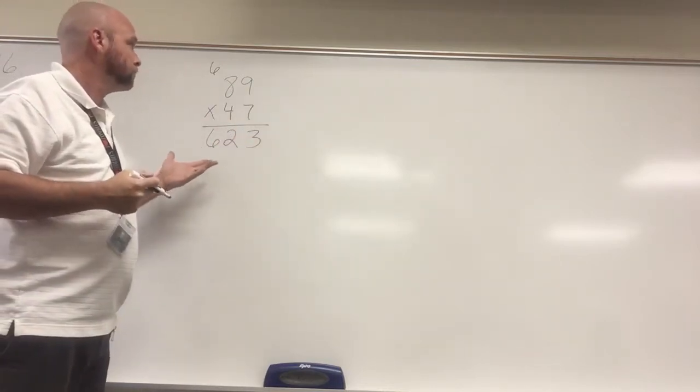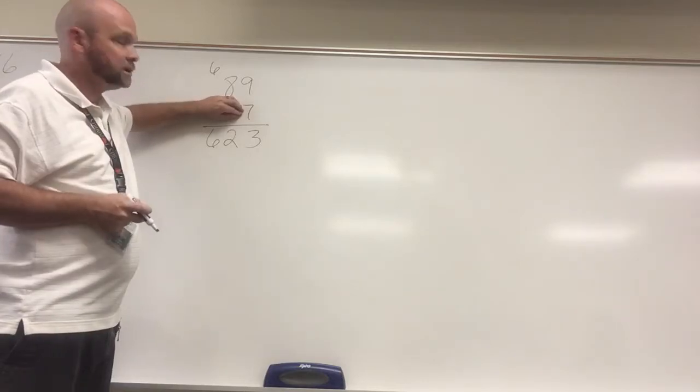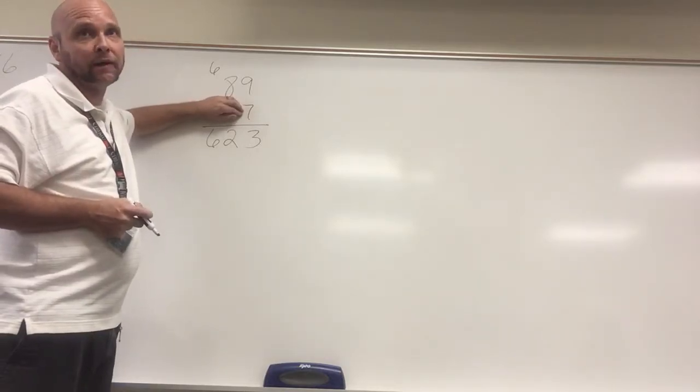Okay? So you just multiplied 89 times 7. Golden, 623. Boom shakalaka, we got it.